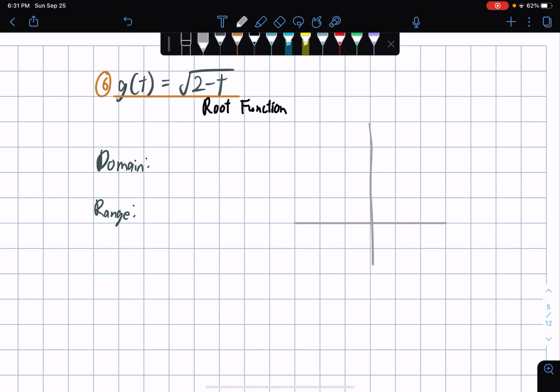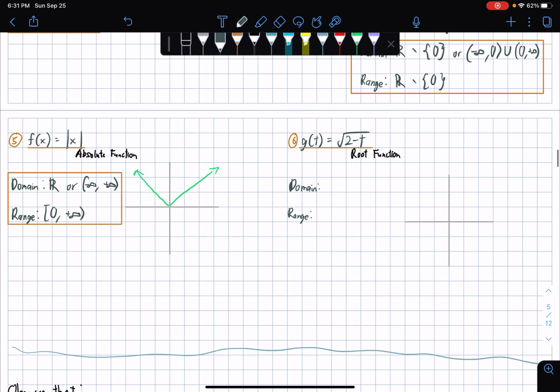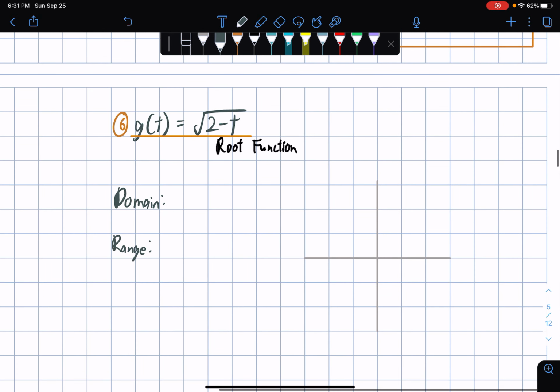So all we have to do is make specific assumptions. This is a technique that I mentioned earlier, and in a few pages you'll be seeing it. So all right, for this particular root function, 2 minus t, this is what it looks like in a graph.